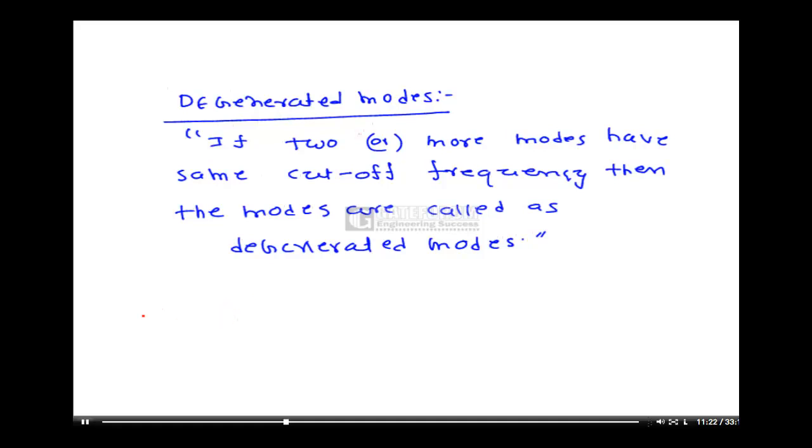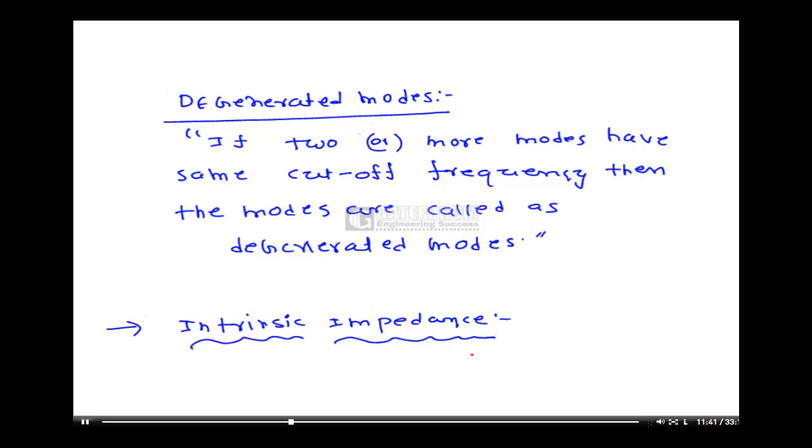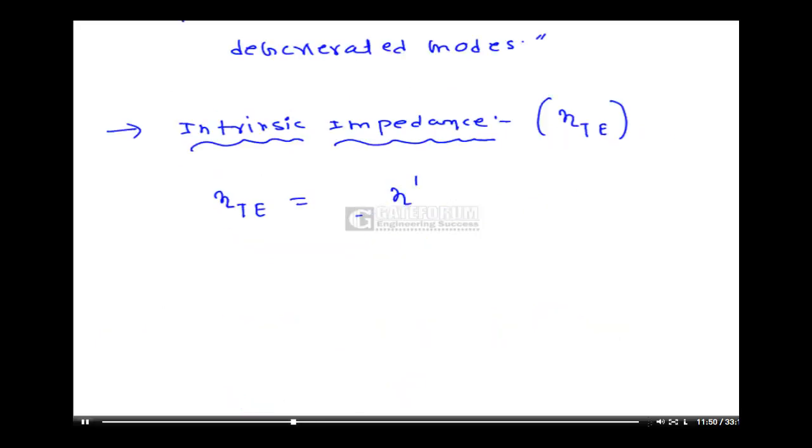And the next point is intrinsic impedance, eta TE. The intrinsic impedance for TE mode is given by eta dash divided by the square root of 1 minus (fc by f) whole square.